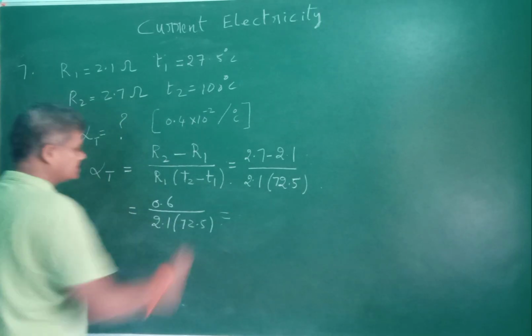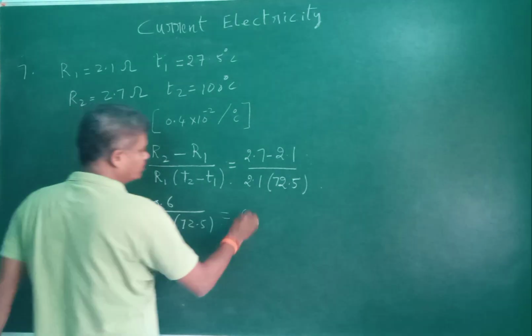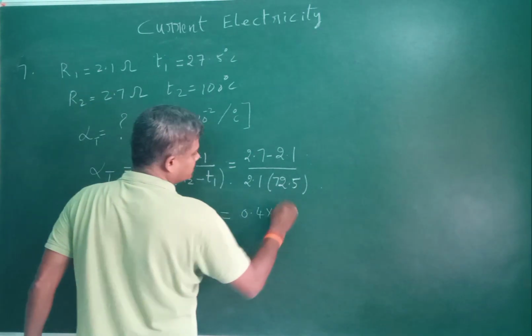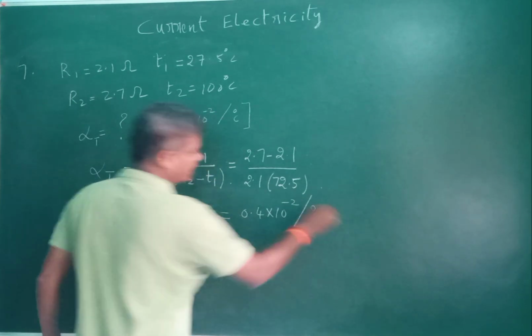On solving this, we get 0.4 into 10 power minus 2 per degree centigrade.